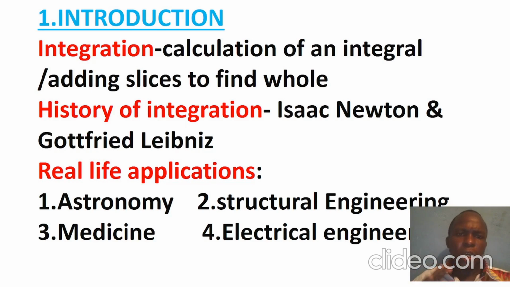And in most cases, like we're going to see in the history of integration, it is trying to find out the area under the curve. For most curves we might use some other approximate methods, but if we want to be very accurate, integration is employed.